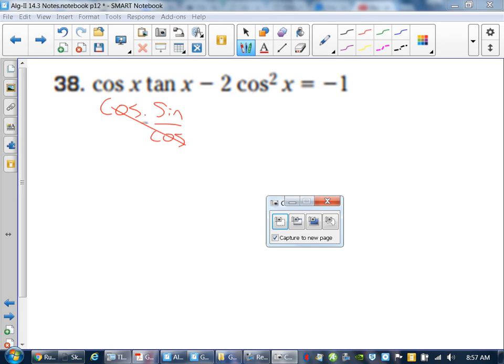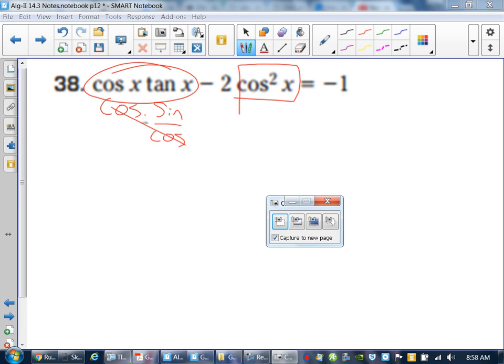By simplifying that first, because in your head you see this cosine squared. Well, you know tangent is sine over cosine.